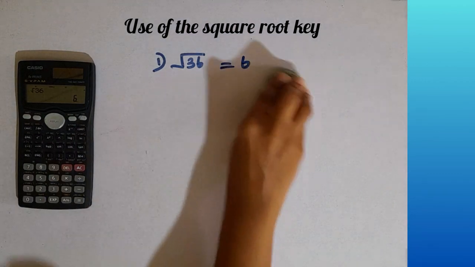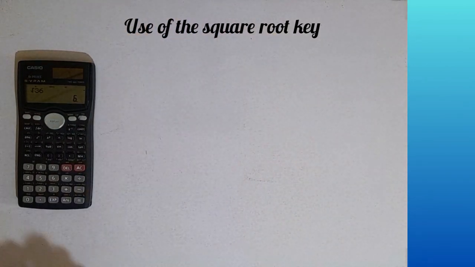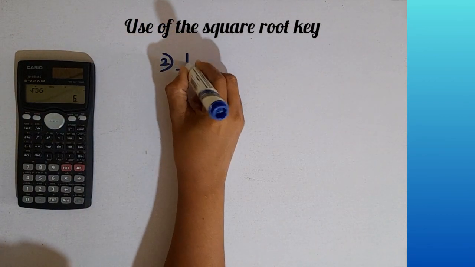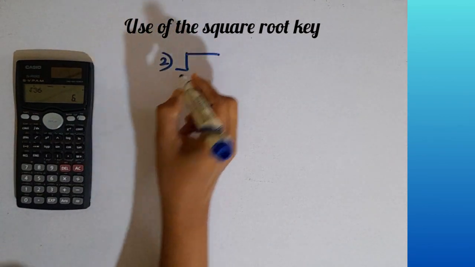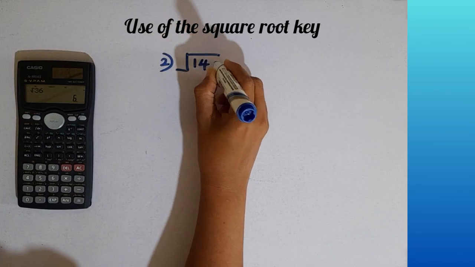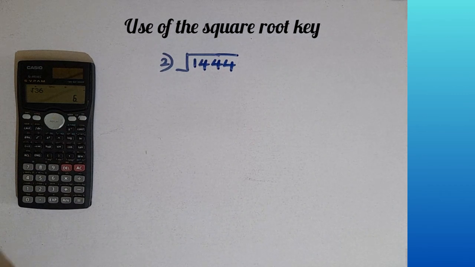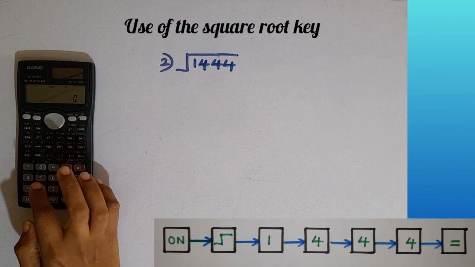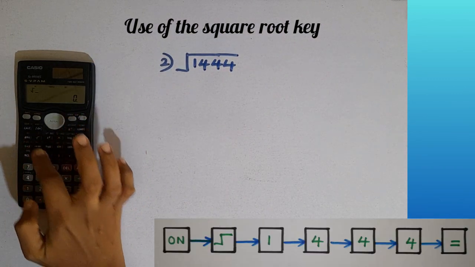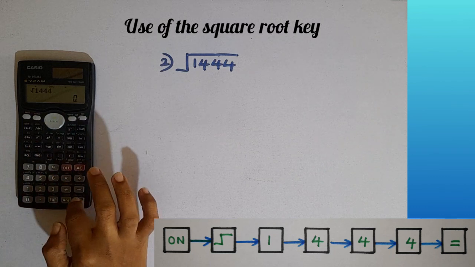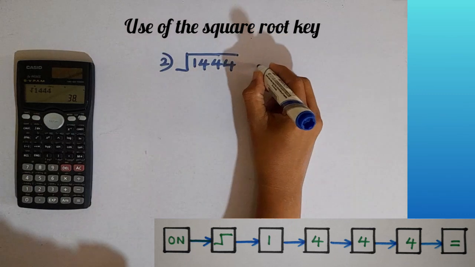Then another one, the second question about the square root: the square root of 1444. How to perform that? On key, then the square root key, 1444, equal sign. The answer is 38.